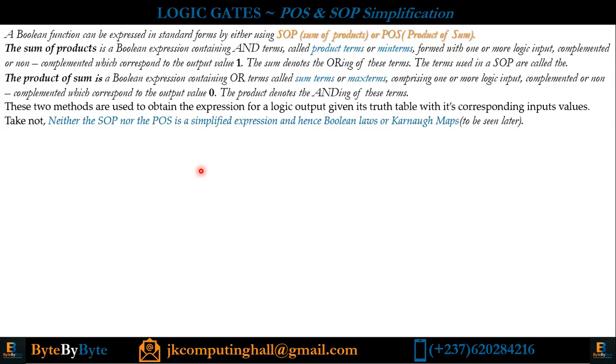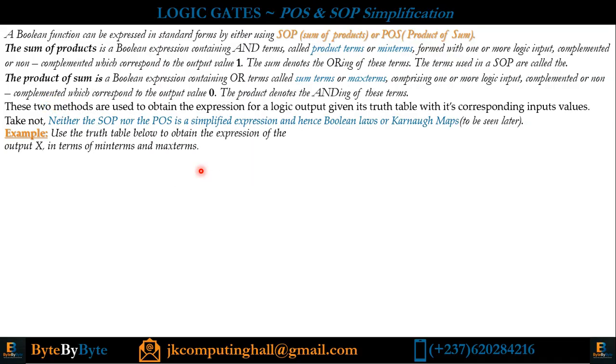So the POS and the SOP expressions are not simplified expressions. To simplify them, we need to apply Boolean laws like in lesson number 3, or apply Karnaugh maps, which we shall see in the next lesson.